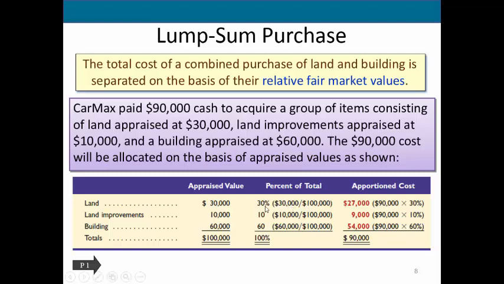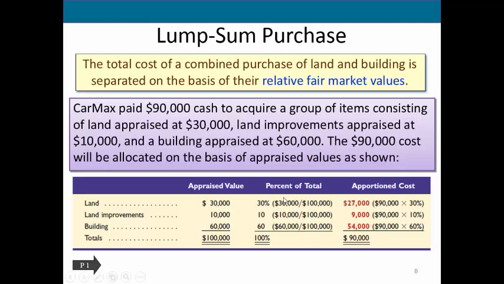So 30% of the fair market value is allocated to the land, 10% to the land improvements, and 60% to the building. What we then do is multiply those relative fair market value percentages to the overall cost of the overall purchase, and that tells us how much we should put on the books for each asset.